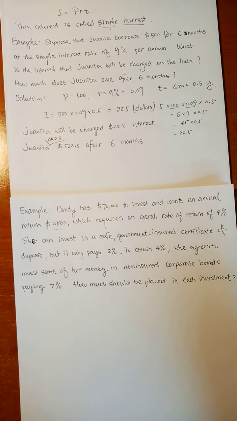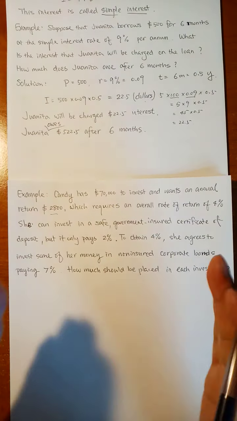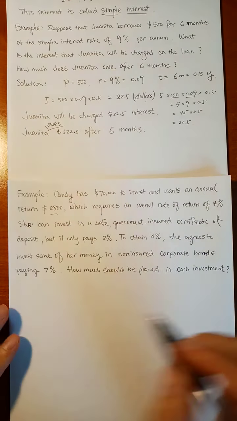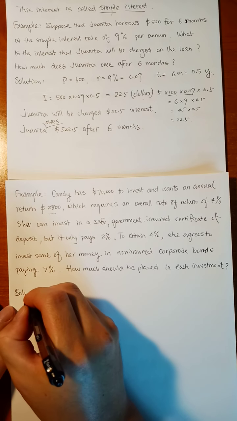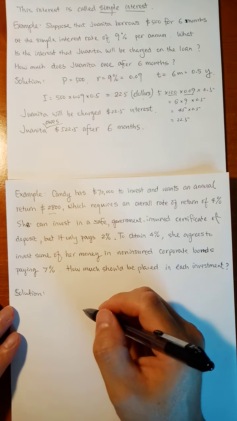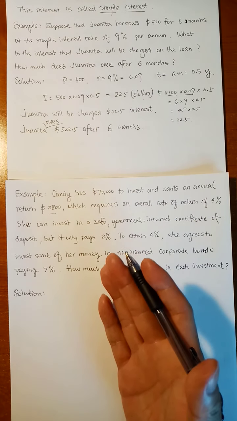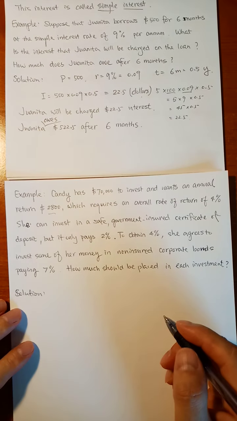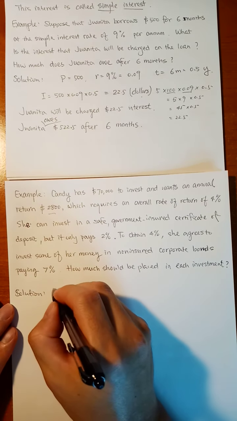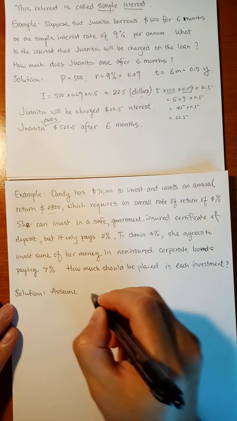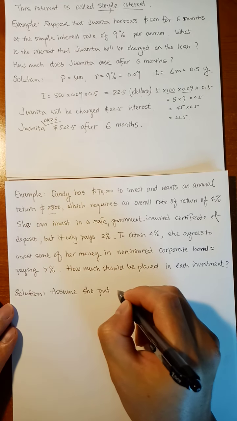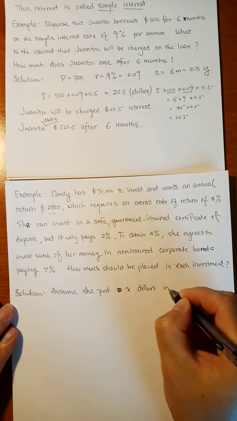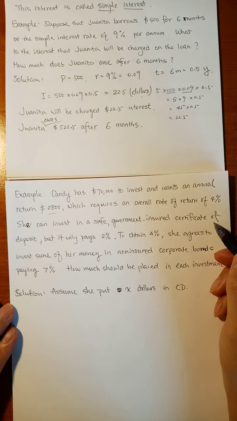Okay, so we want 4%, and now we want to see how we can divide the investment to get the goal. We don't know the amount of money invested in CD and the amount invested in the non-insured corporate bond. So we just assume she puts X dollars in CD, certificates of deposit.